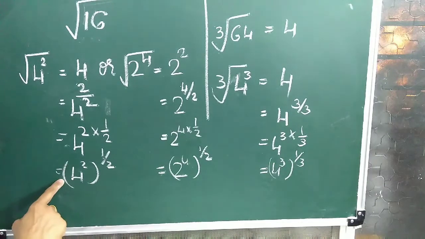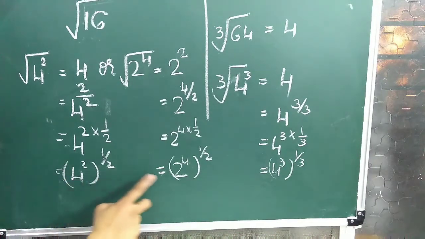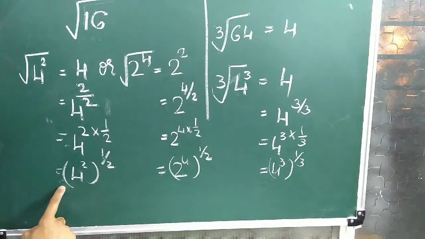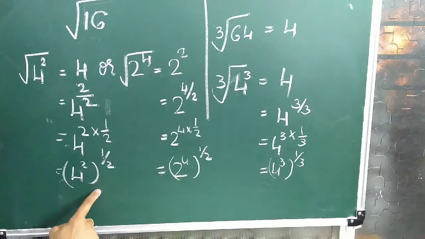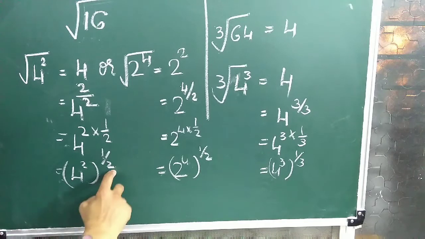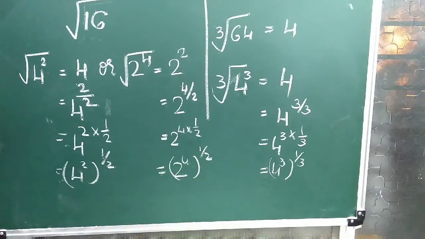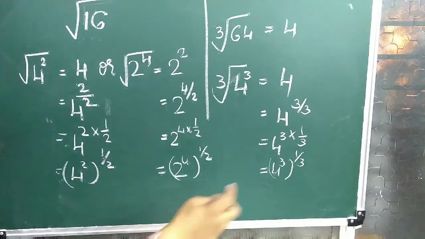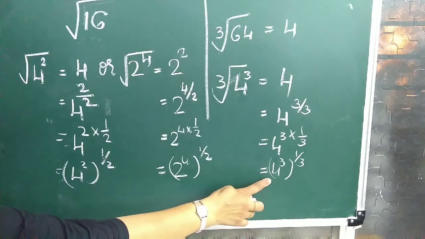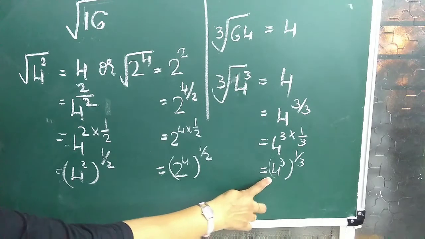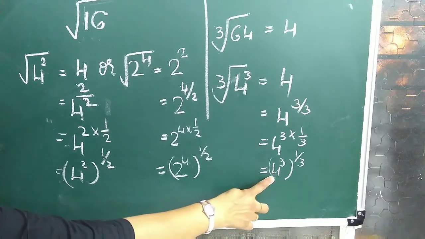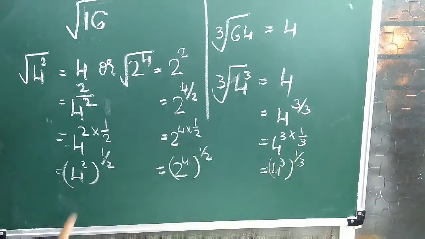It means that the second root or the square root has to be written in exponent form as 1 upon 2, and the third root has to be written in exponent form as 1 upon 3.